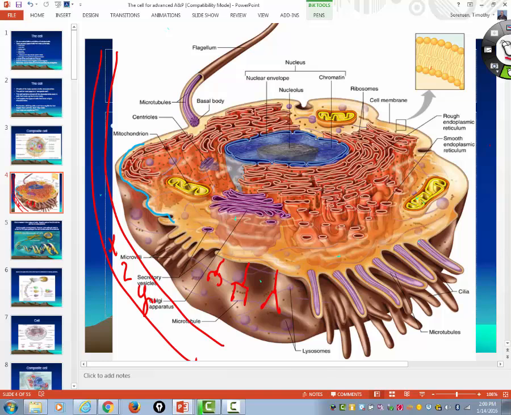So when a chemical from the blood wants to cause this particular cell to do something, it has to bind to a specific receptor. If the cell doesn't have that specific receptor, then this particular chemical can't do anything to that particular cell.